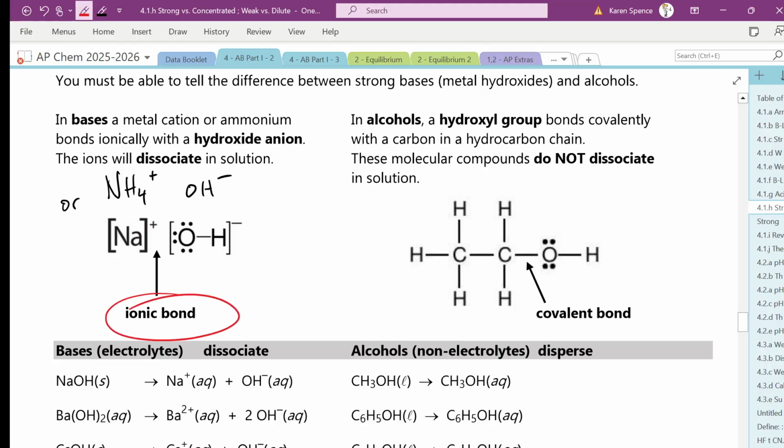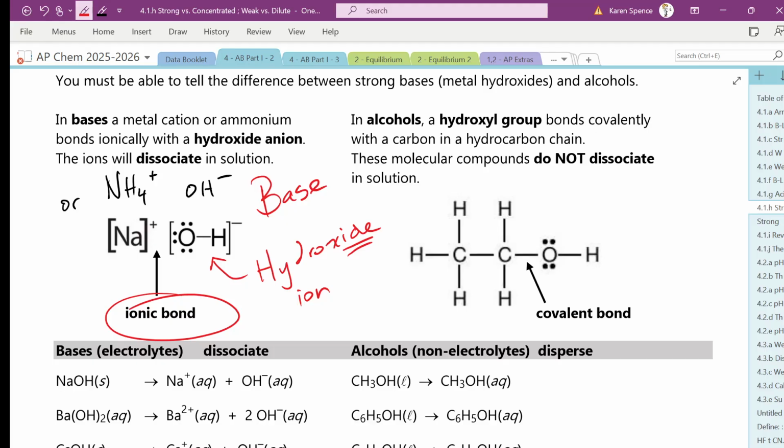And if you've got an ionic bond with your OH, your hydroxide, then you have a base. Okay, so ionic bond, hydroxide ion, that is a base.